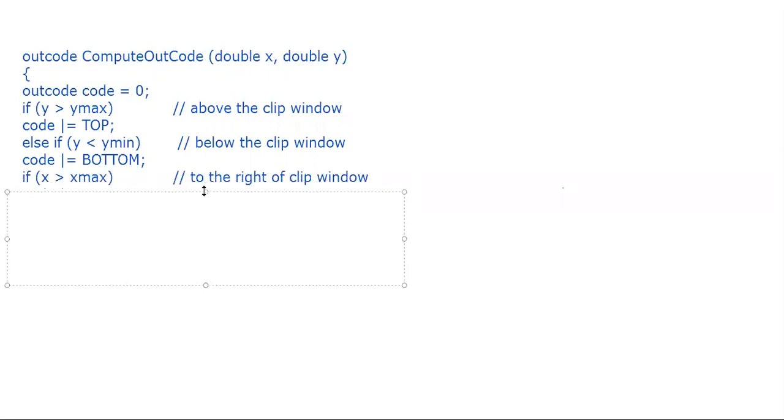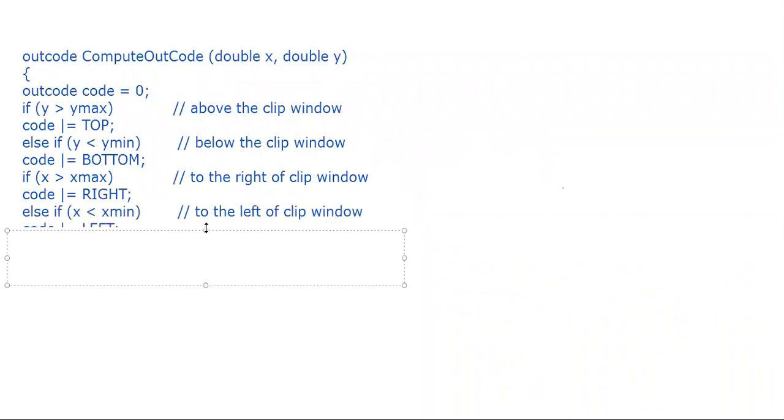If x is greater than x max, you should clip the right side, that is code OR right. Finally, if x is less than x min, you should clip the left side.